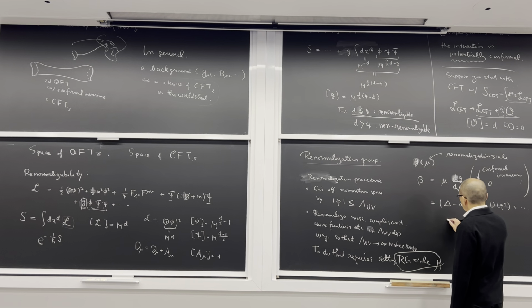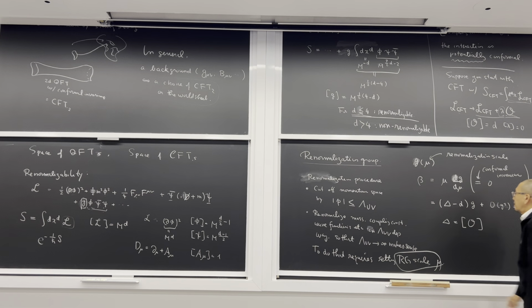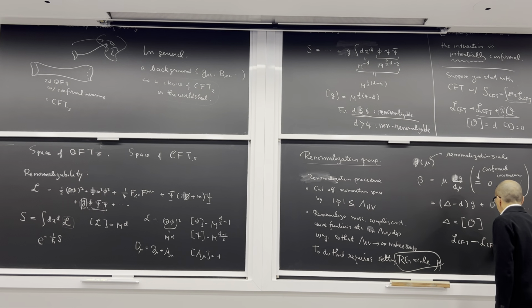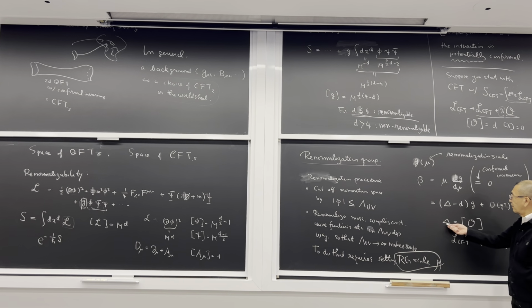Delta is the conformal dimension of the interaction when you deform the CFT by CFT plus G of O.